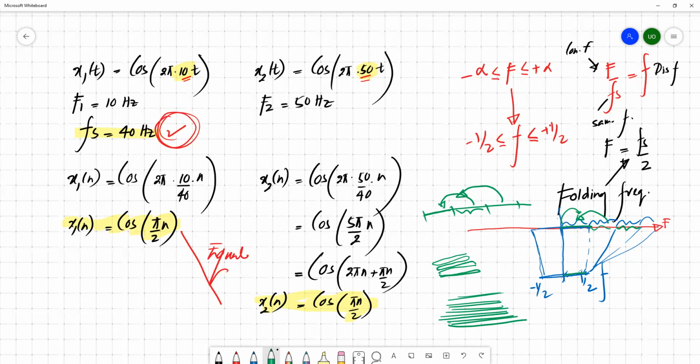So just pack it. First identify the folding frequency. Once you identify the folding frequency, you know where you can fold it. So if this is 0, this is Fs by 2. This is Fs. Then 3 times Fs over 2. Then another.